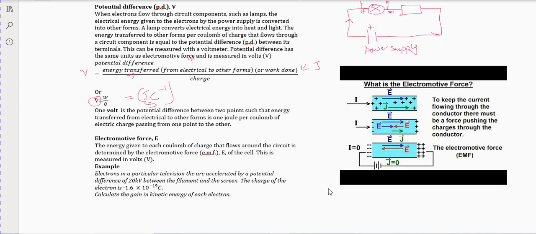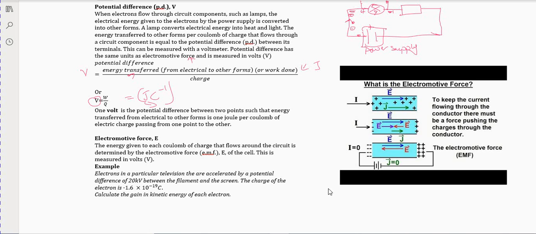So remember that a battery, or a cell rather, has energy stored inside of it. Before anything can happen to the light bulb, it would need a source of energy to allow the electrons to move around the circuit. So that is the force that we're talking about.